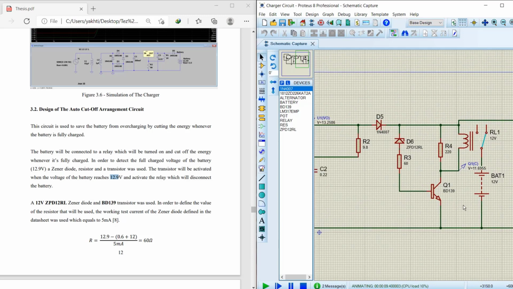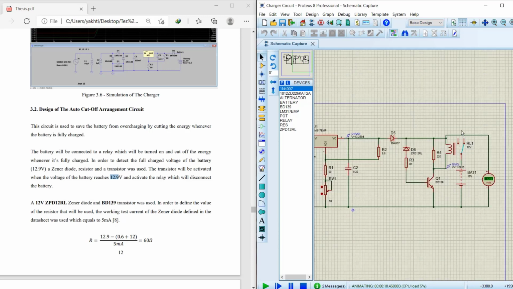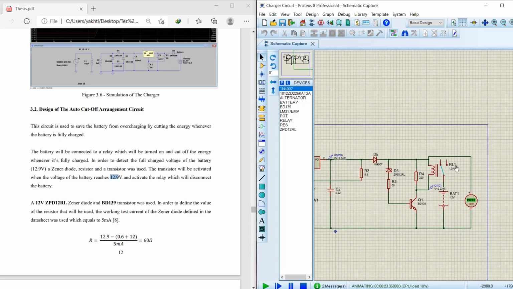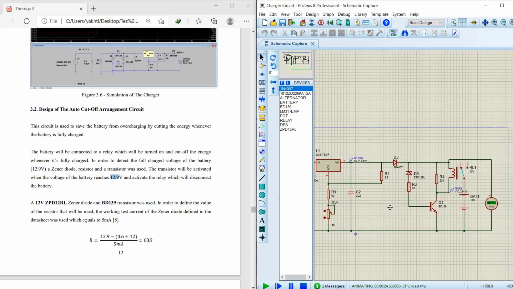So if we increase the voltage across the battery, we see 12.7 is still not working, and when it becomes 12.9, the relay disconnects the battery from the system. So now the battery is not being charged. By that we can save the battery from overcharging, and whenever the voltage of the battery becomes lower than that, it will restart being charged.